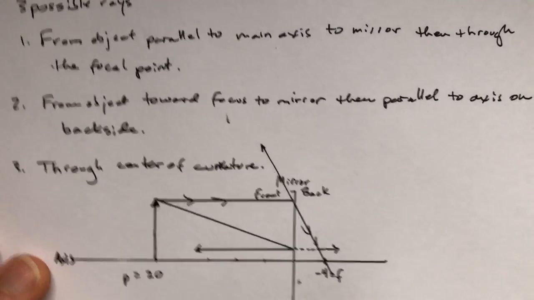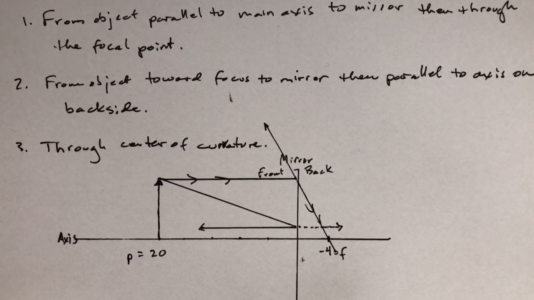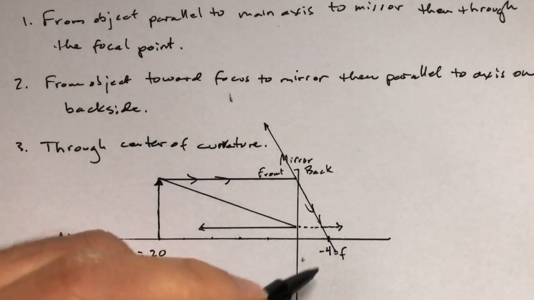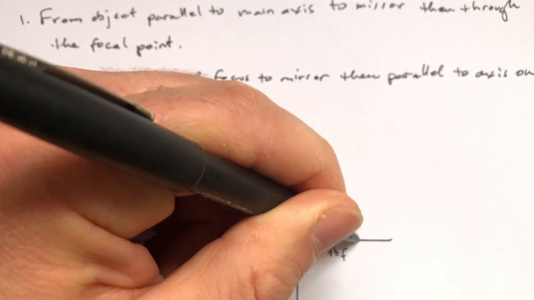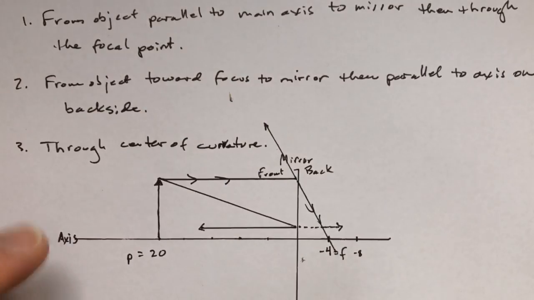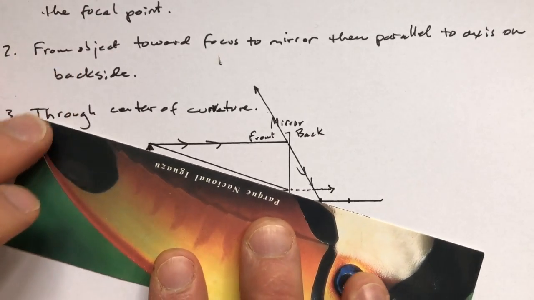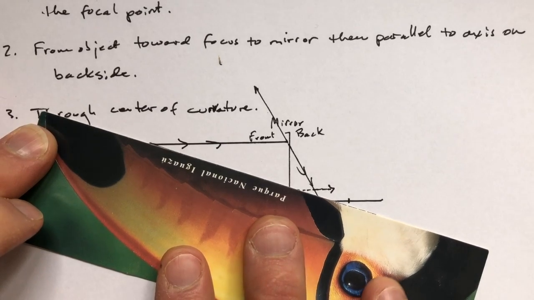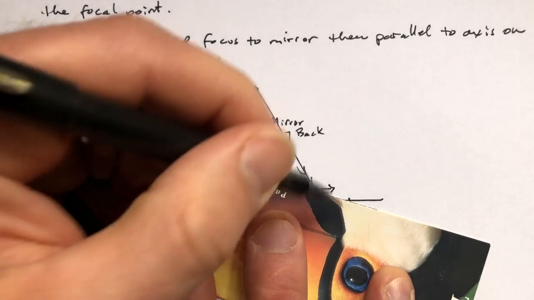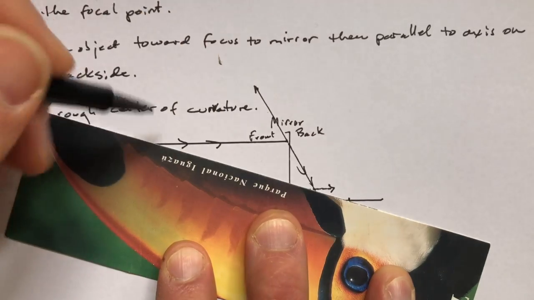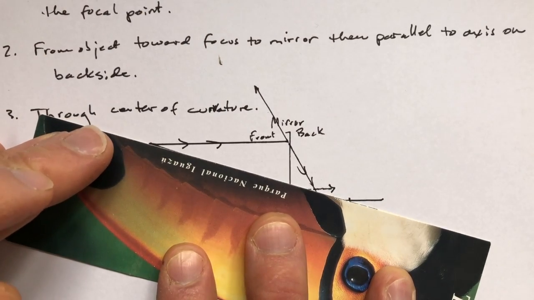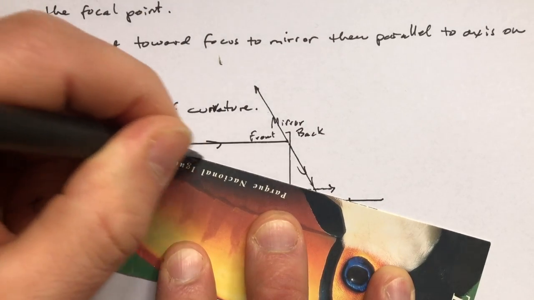Now, the last ray, and I'm going to do 3 here just so you can see, is through the center of curvature. And I didn't draw the center of curvature, but we know that the center of curvature is 2 times the focal length. So if this is -4, I'm going to say -8 would be right there. And then I would just draw a line that goes from here straight through there, and oops, look at that.